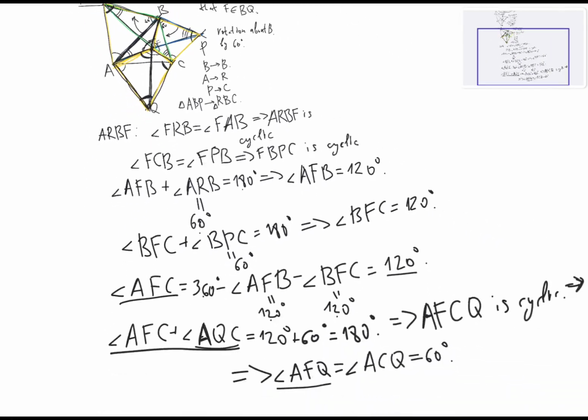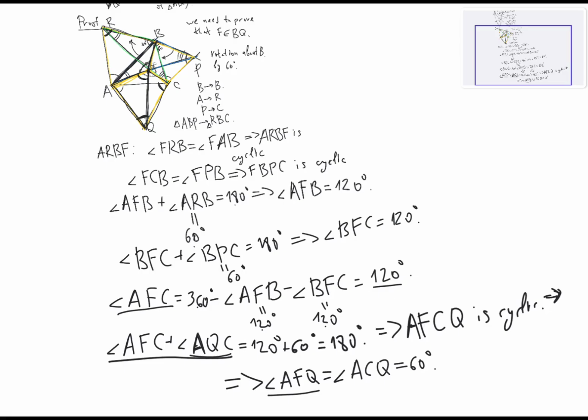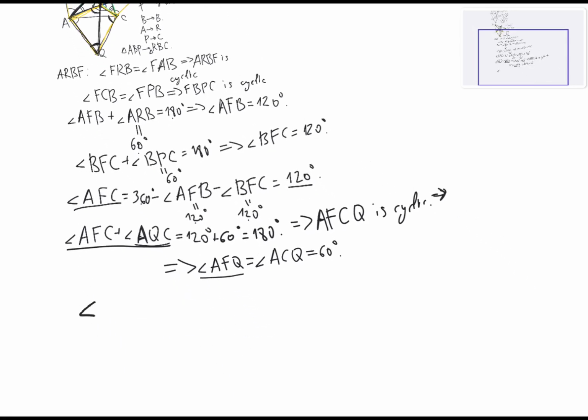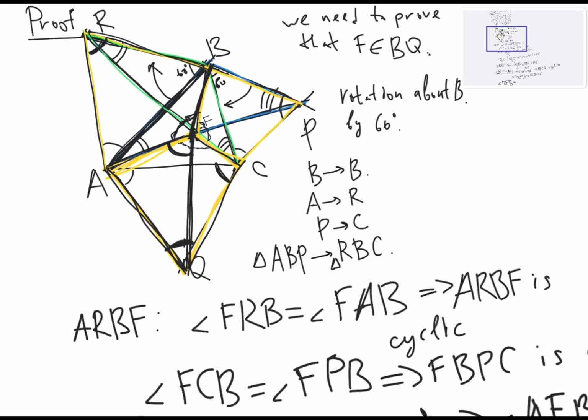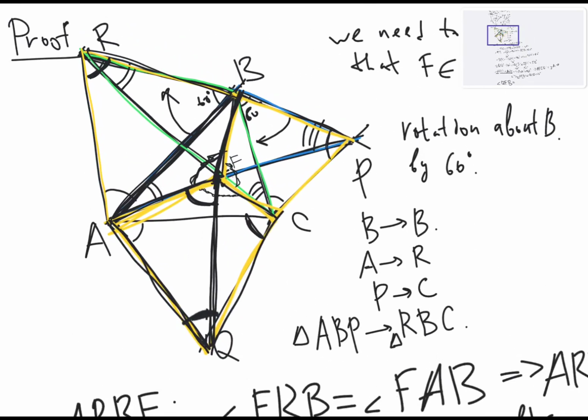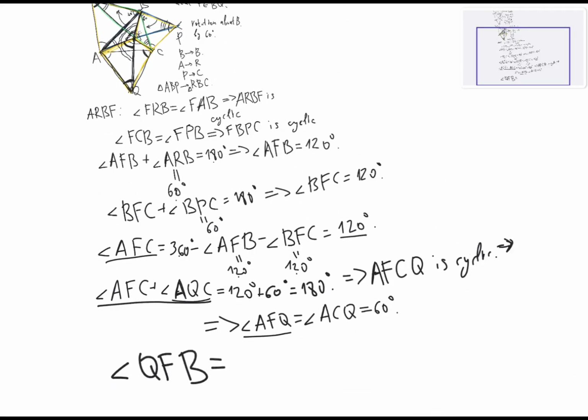So the angle QFB, this angle, is calculated as the sum of this angle and this angle. One of them is 60, another is 120, so the sum would be 180.